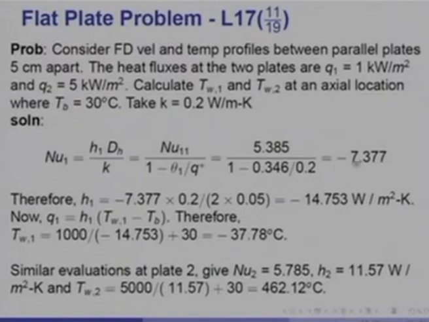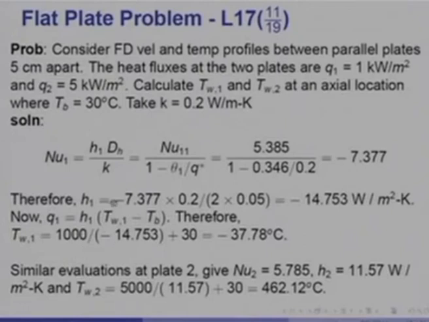The Nusselt number turns out to be negative 7.377, and therefore the heat transfer coefficient will also turn out to be negative, minus 14.753. Since Q wall is 1 kilowatt, h1 is minus 14.753 and T bulk is 30, I can evaluate T_W1 as minus 37.78 degrees centigrade. What about the outer wall?